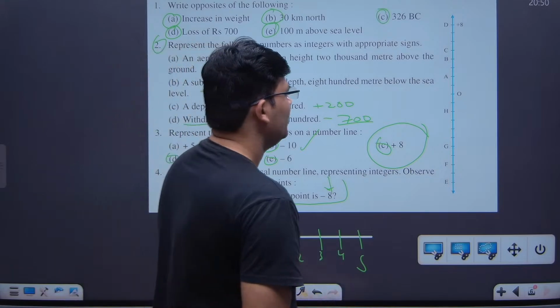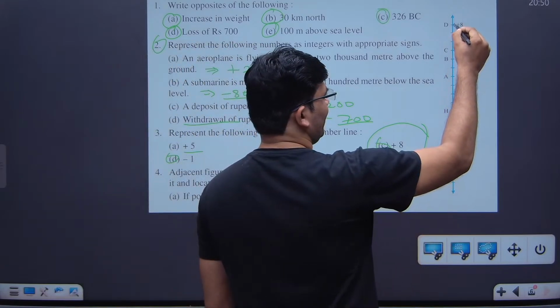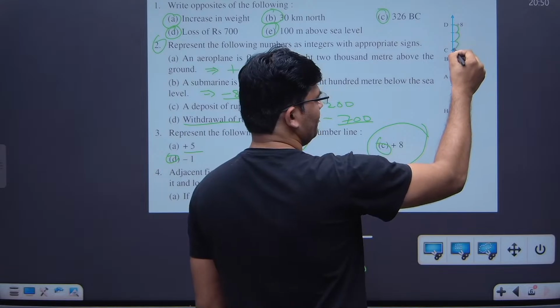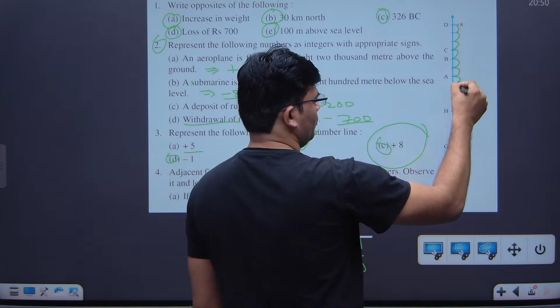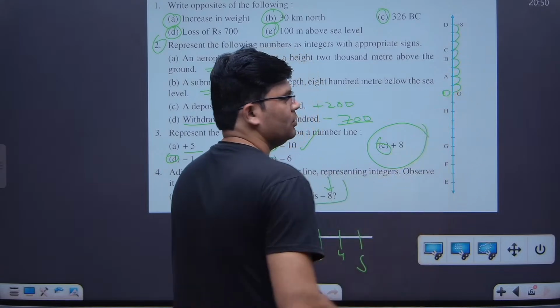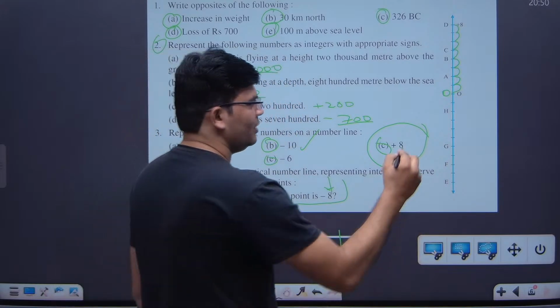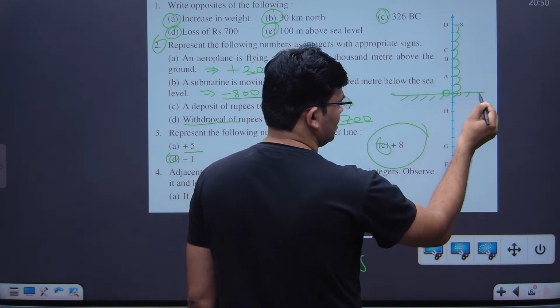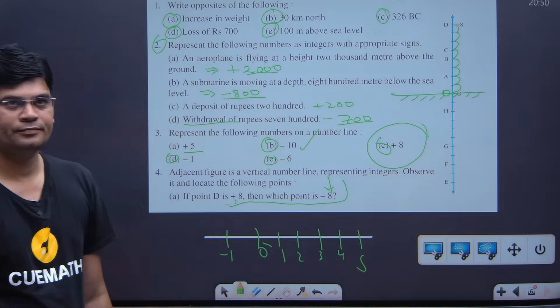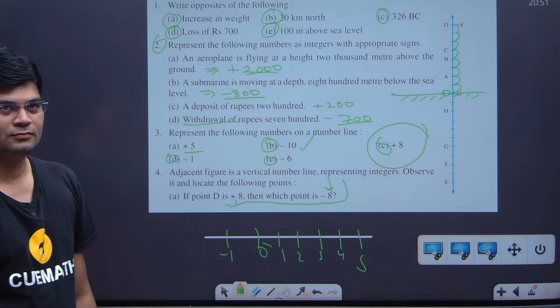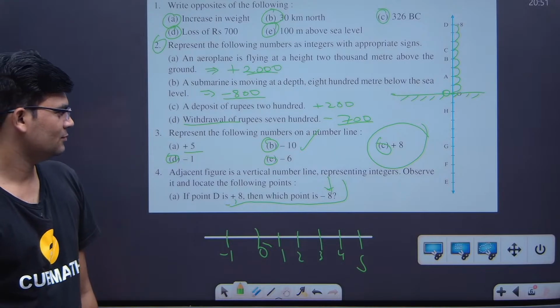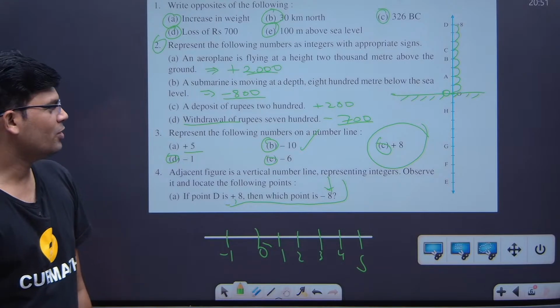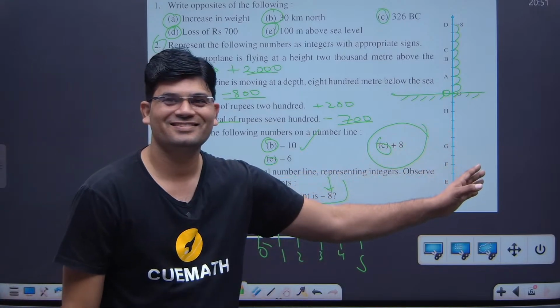See, try to understand. While coming down 7, 6, 5, 4, 3, 2, 1, 0. Now this is the sea level. Okay, sorry, I didn't see that.